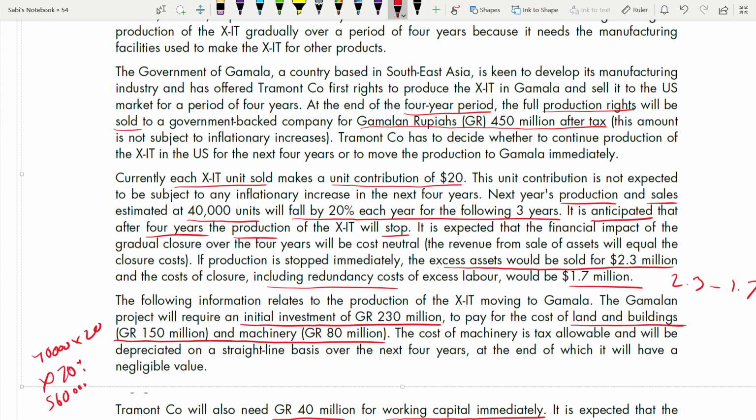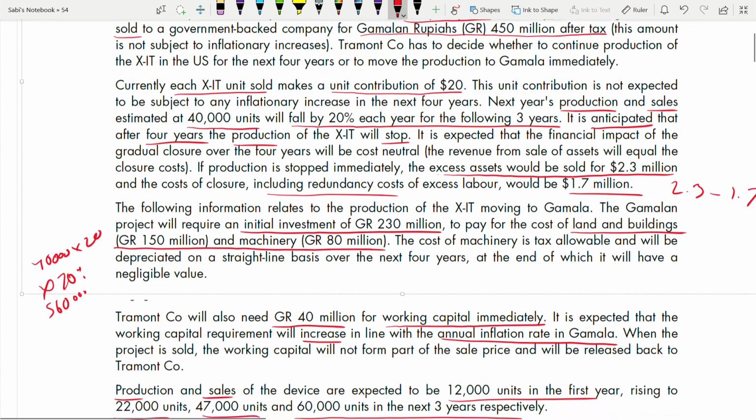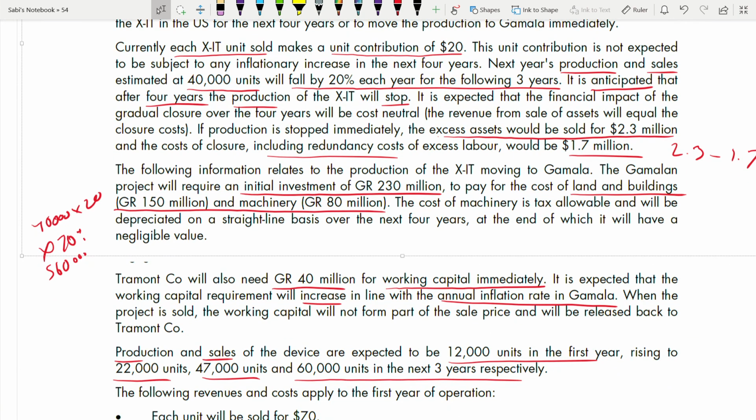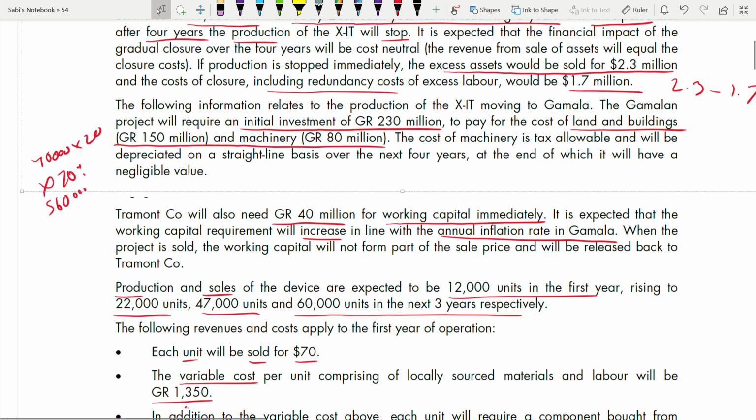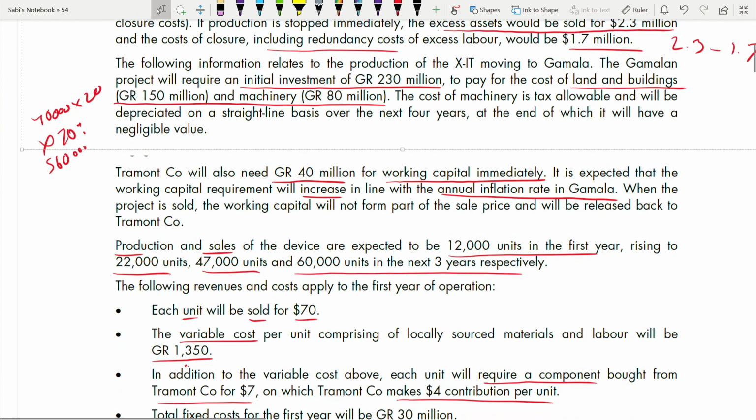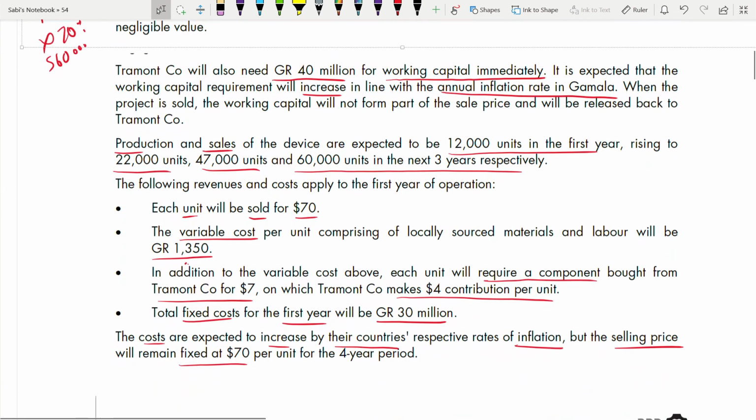Okay. So the rest of it is applicable after you go to Gamala. It is not needed for this purpose, if you see. All this is for when you go to Gamala, it is not for our purpose.